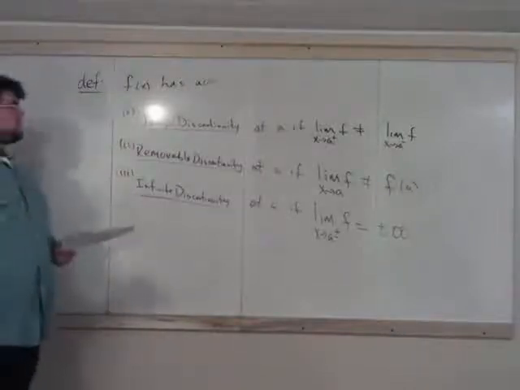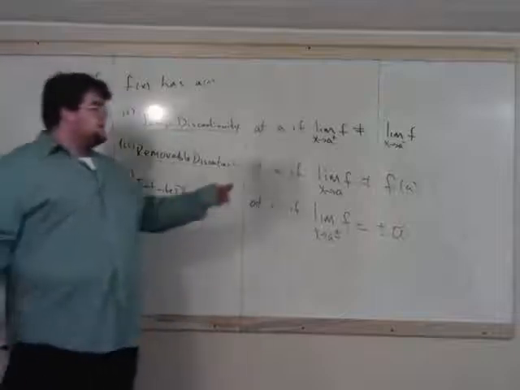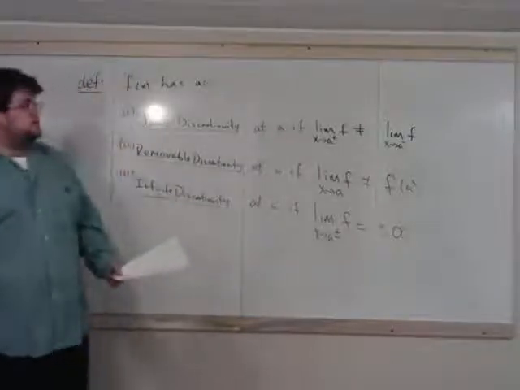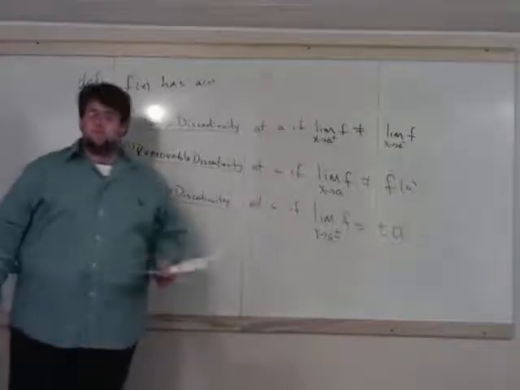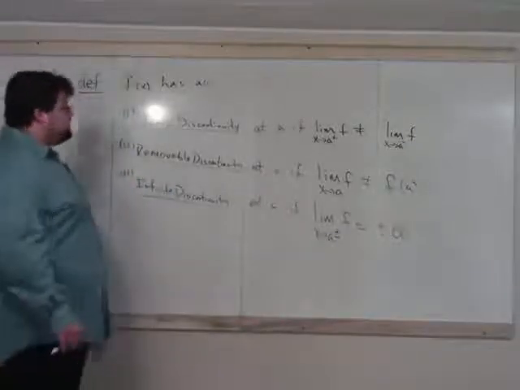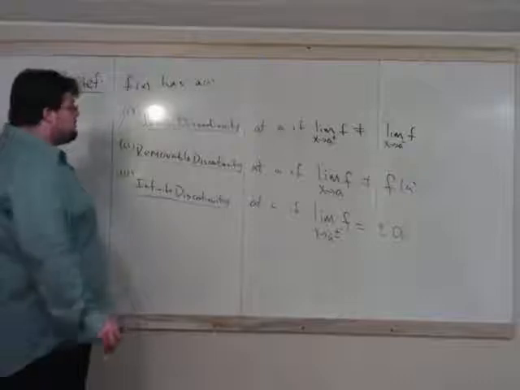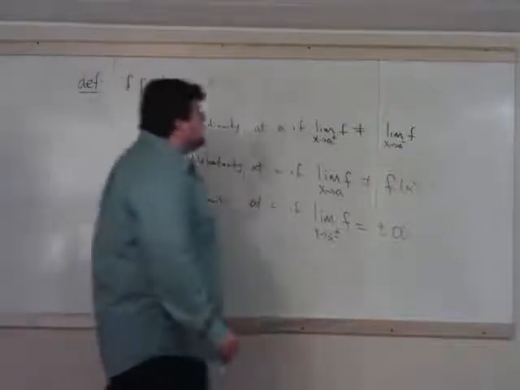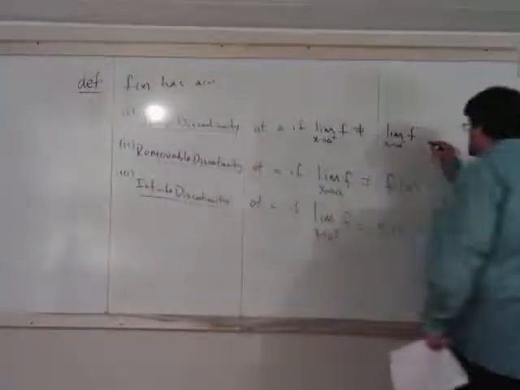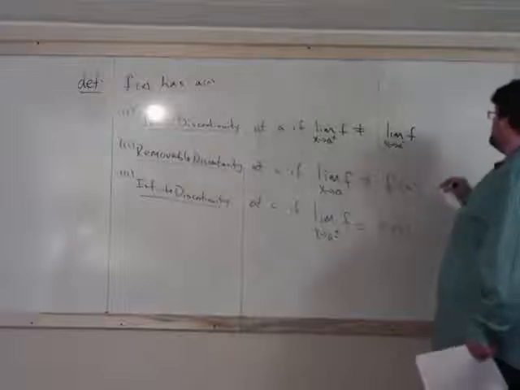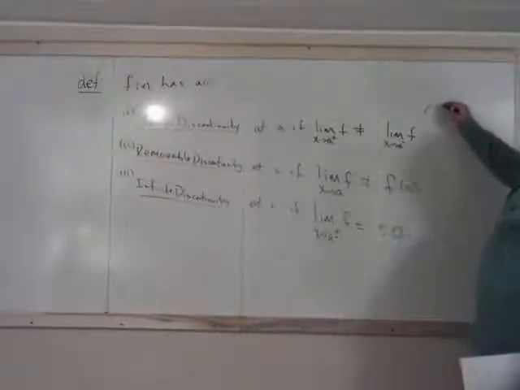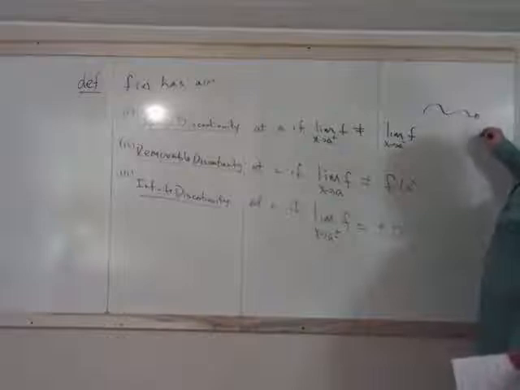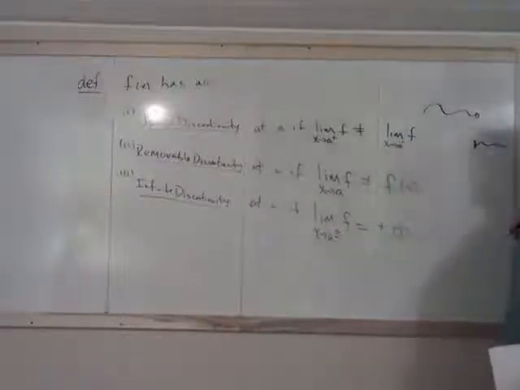In the previous example, the function had a jump discontinuity at 3, a removable discontinuity at 5, and an infinite discontinuity at 7. In general, a jump discontinuity looks like the function is doing something, and then it jumps somewhere else and continues on.